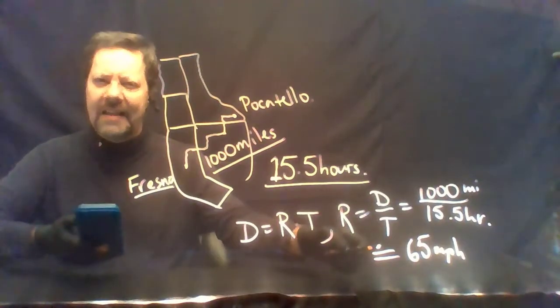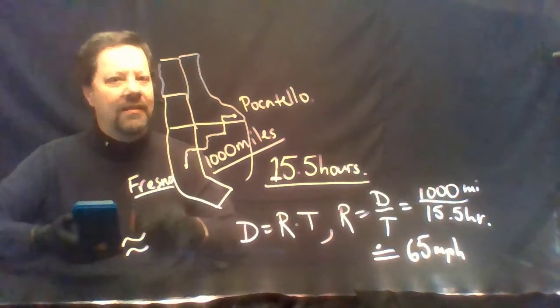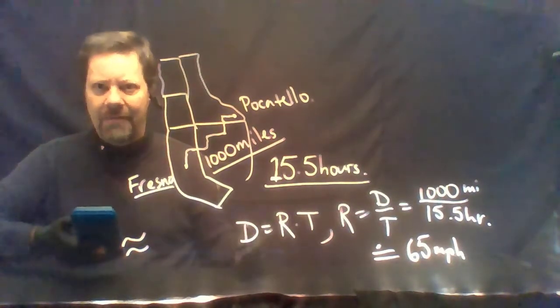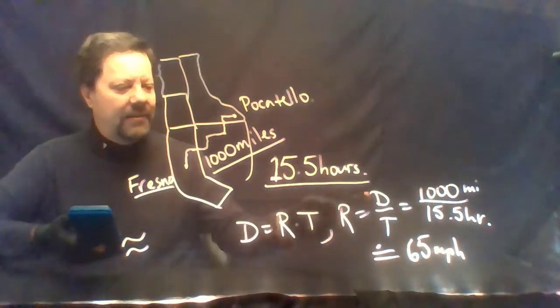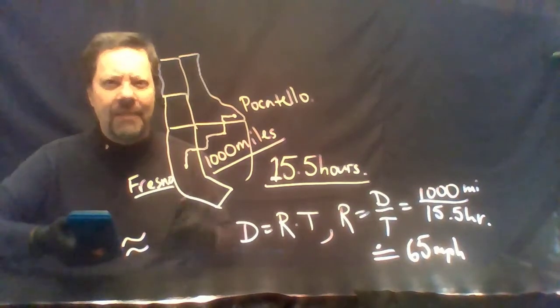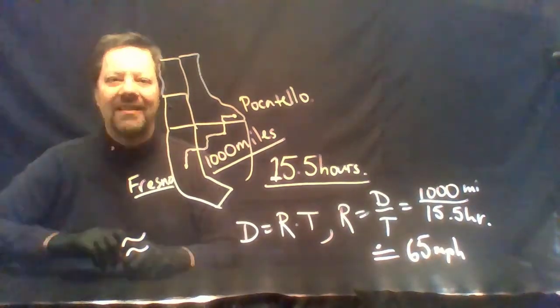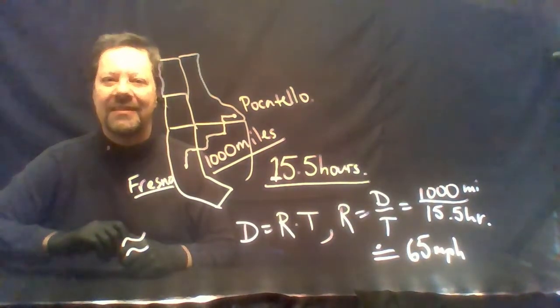This says something slightly different than approximately equal to. 67 is approximately equal to 65, but it's not rounded to the nearest decimal point. When I put the dot over the equal sign, it means I'm rounding to whatever decimal place accuracy that I'm giving my answer to. Now I want you to think about this 65 mile per hour answer that we have.